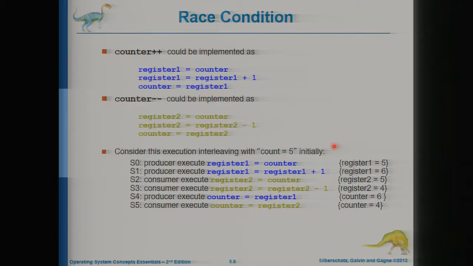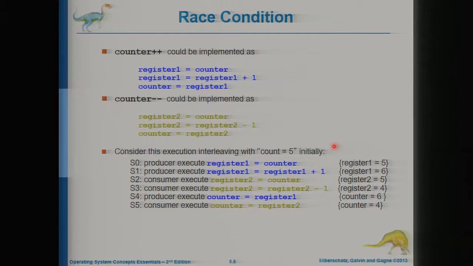Now the counter is 5 in register 2, and then it is getting decremented, as the consumer is consuming 1 item. So register 2's value is decremented by 1 and becomes 4. Now the counter is updated by both register 1 and register 2. The producer is manipulating the counter, and the consumer is also manipulating the counter. In this way, they will manipulate the counter value to 6 and 4, which is wrong.